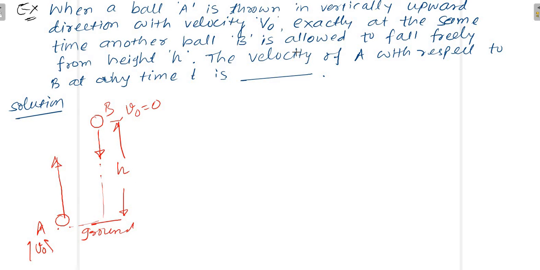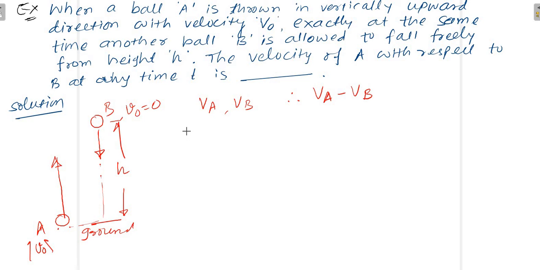right? So at any time the velocity of A with respect to velocity of B is, at any time t, is this, right? So let us say VA is velocity of A at any time and VB is velocity of B, right? Then both are moving in the opposite direction. So we are supposed to find out nothing but VA minus VB, which is velocity of A with respect to velocity of B, right?